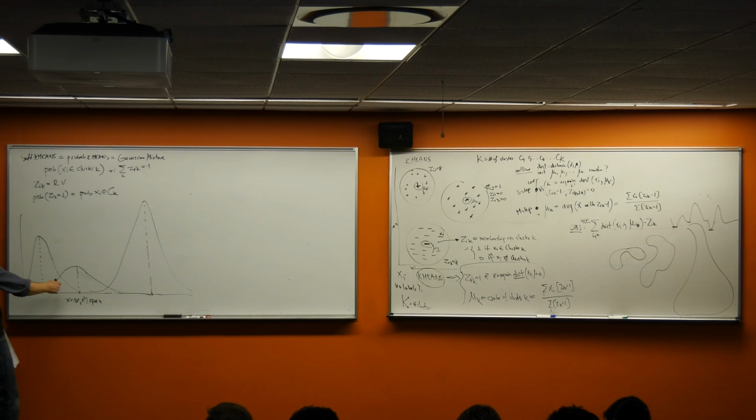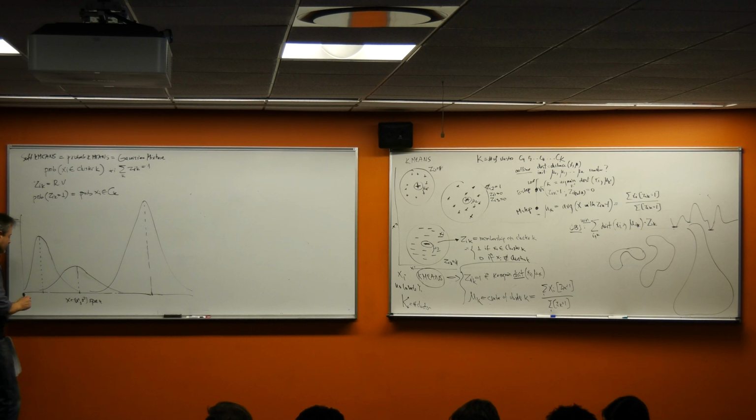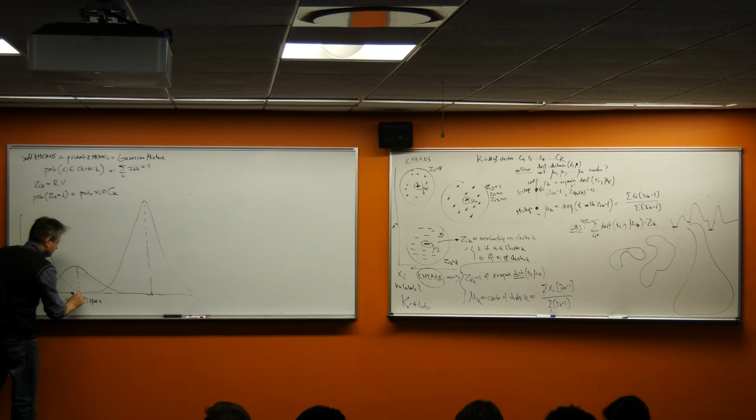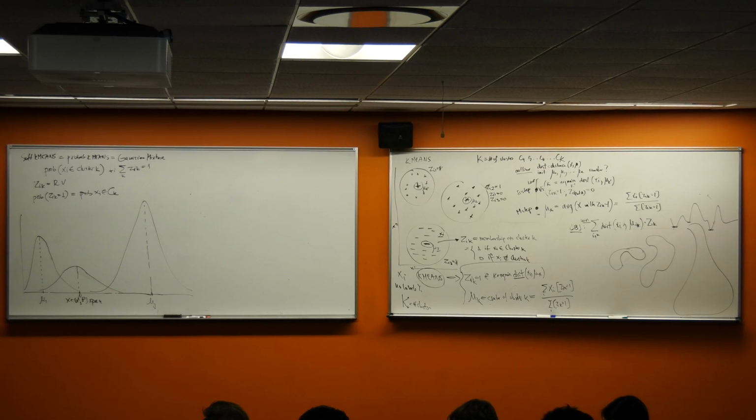So again, this space being x1 and x2, I have those mu1, mu2, and mu3 Gaussians. I have 3 probability density functions here, right?